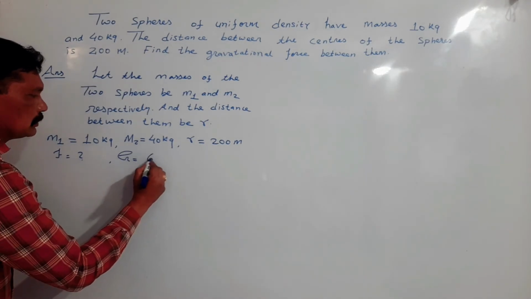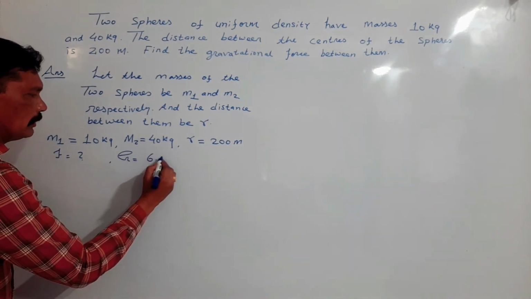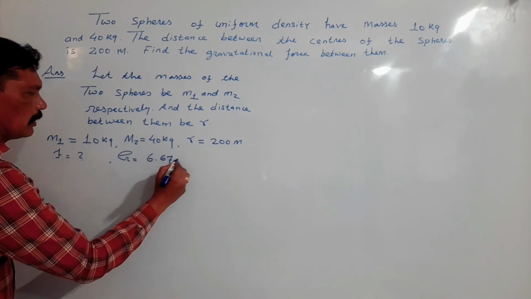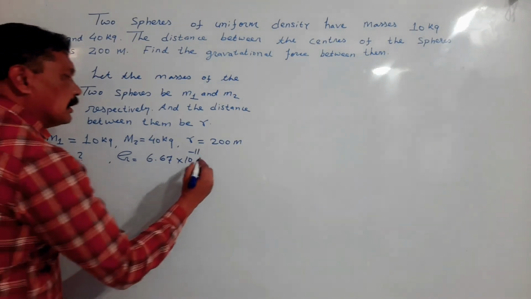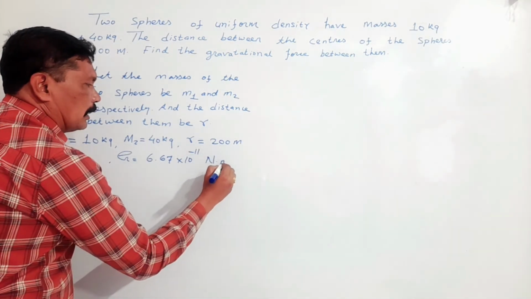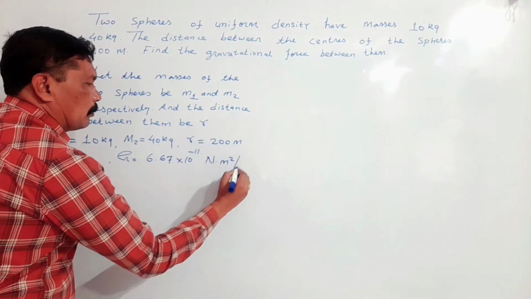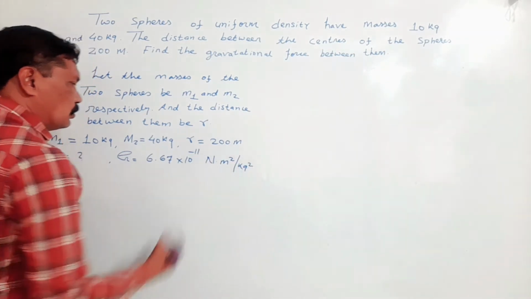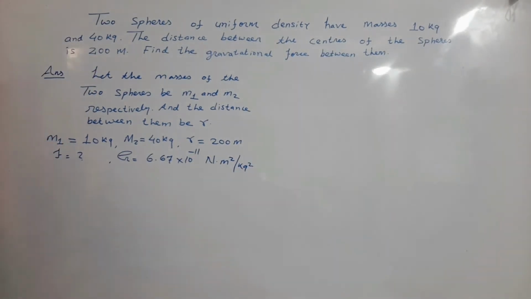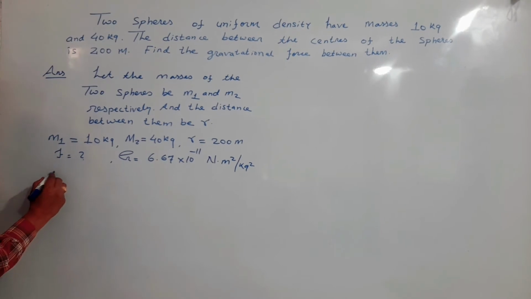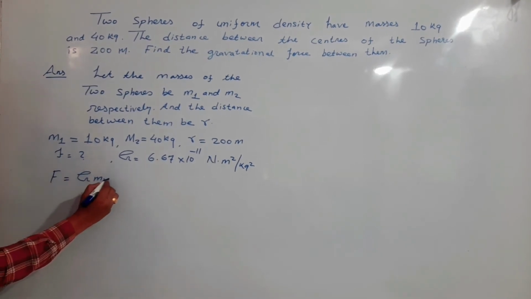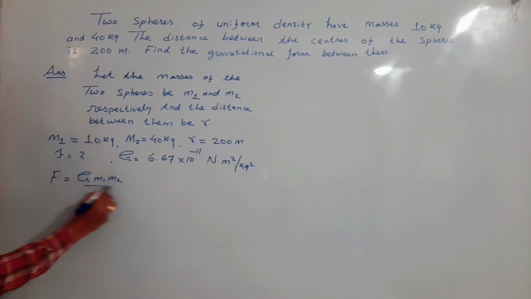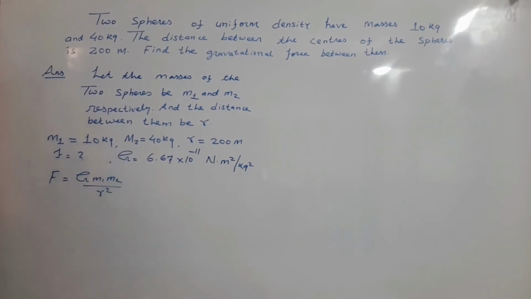Capital G is equal to 6.67 into 10 to the power minus 11 Newton meter square per kg square. So my dear student, here we have a formula: F is equal to G M1 into M2 upon R square.